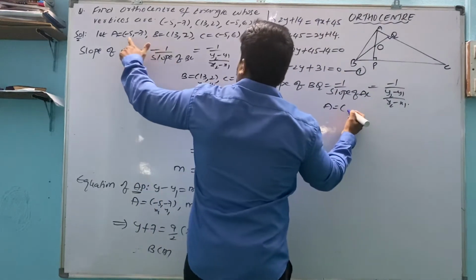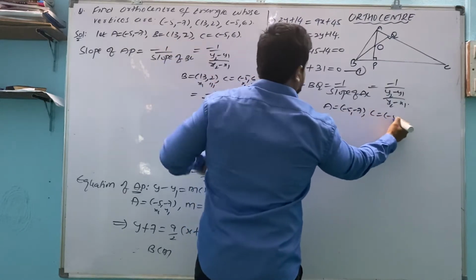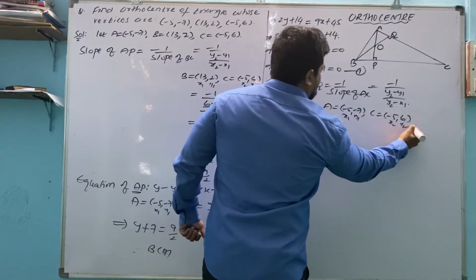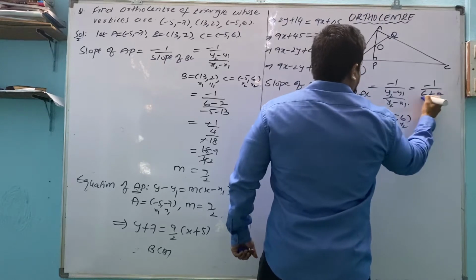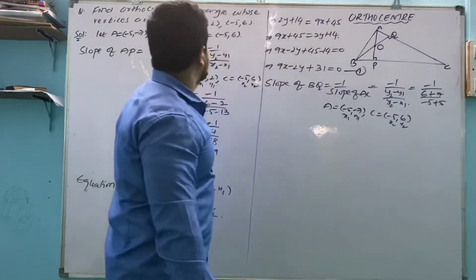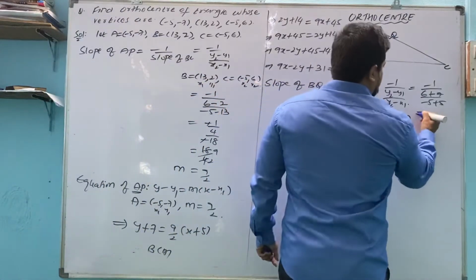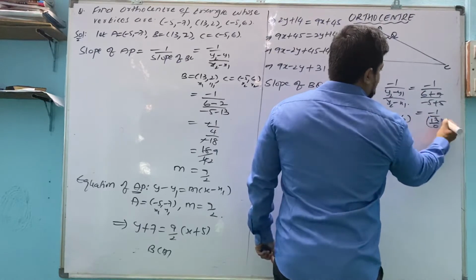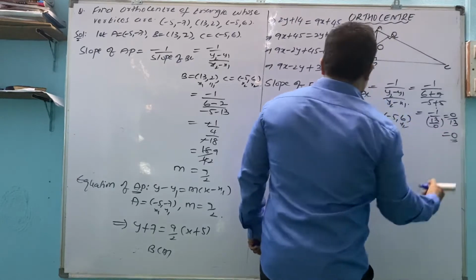Write vertex A and vertex C as x1 y1, x2 y2. So this is minus 1 by 13 by 0. 0 goes to the numerator: 0 by 13, this is 0.